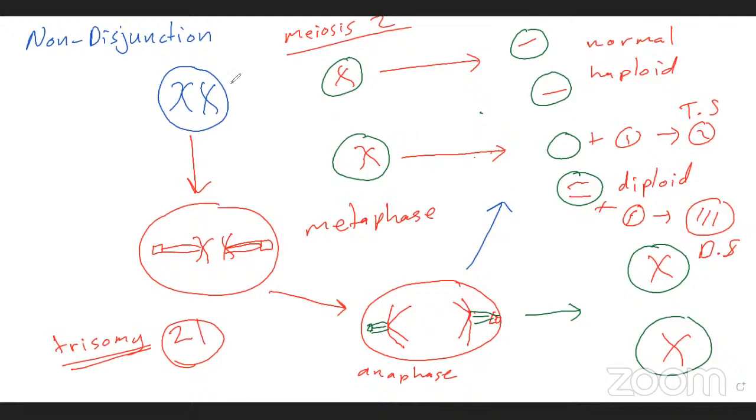So 2 is normal. All right, this is trisomy. Okay. So when you hear trisomy 21, the 21 is referring to the chromosome number.